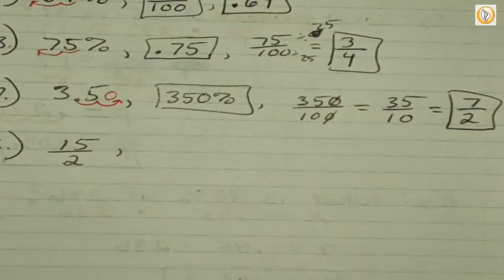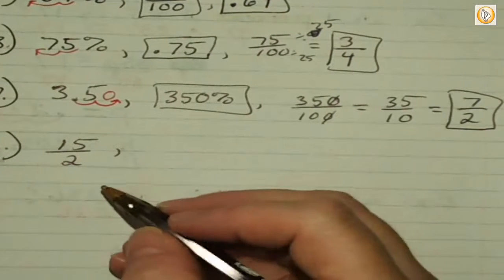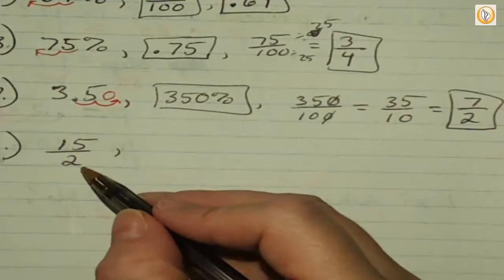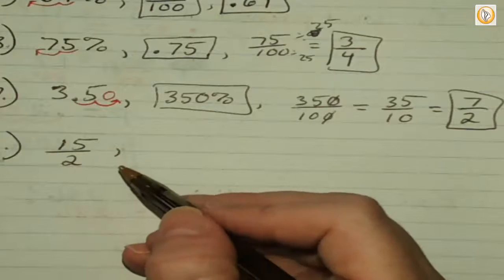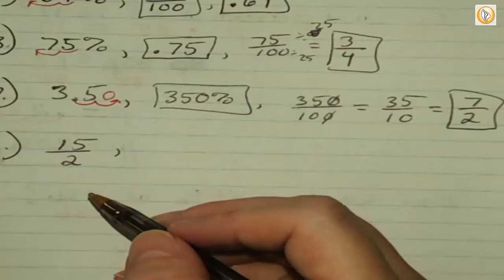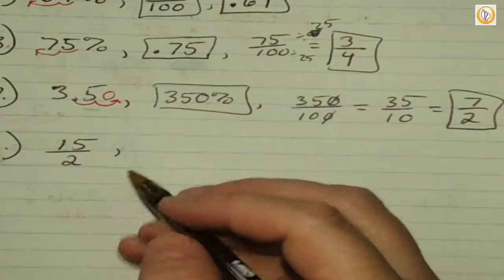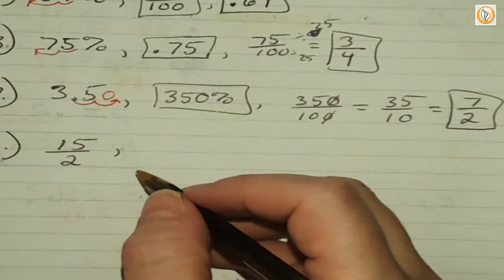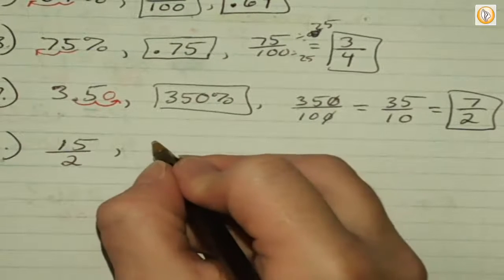Michaela. You can do it in 2 ways. You can either divide 15 by 2 or see if the denominator goes into 100 evenly. Very good.